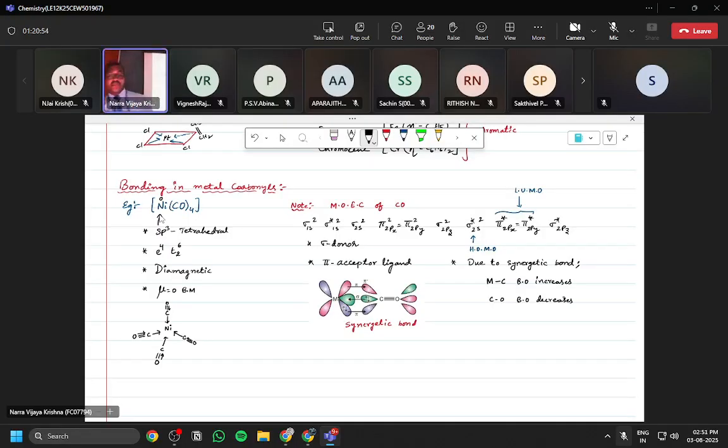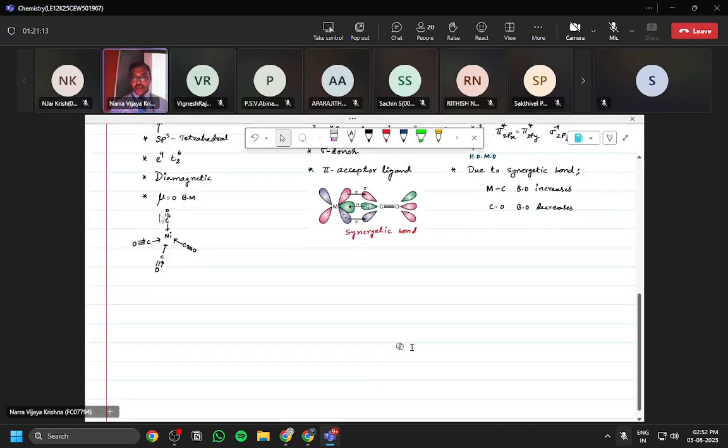Correct? The nu bar of CO, the energy required to break this bond, the wave number of that bond, we have also seen in the table. Right. Next one.